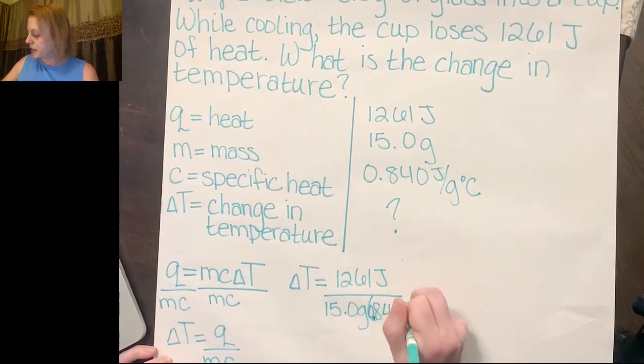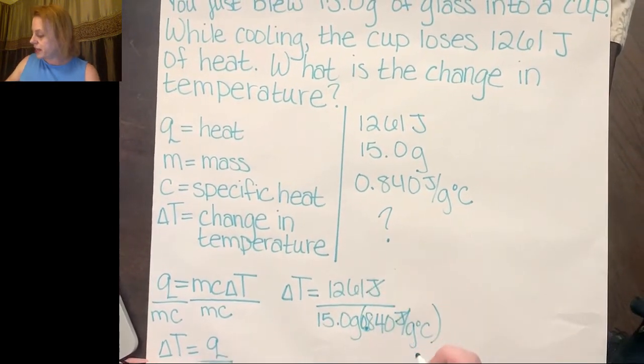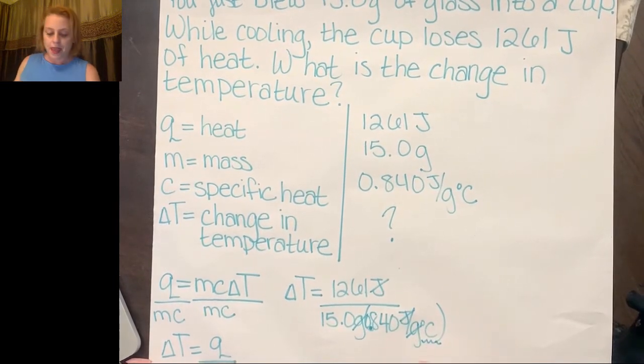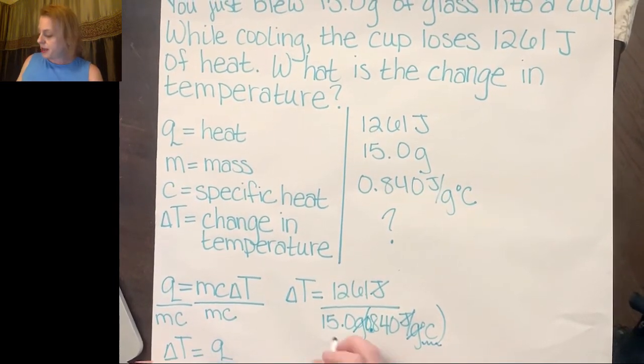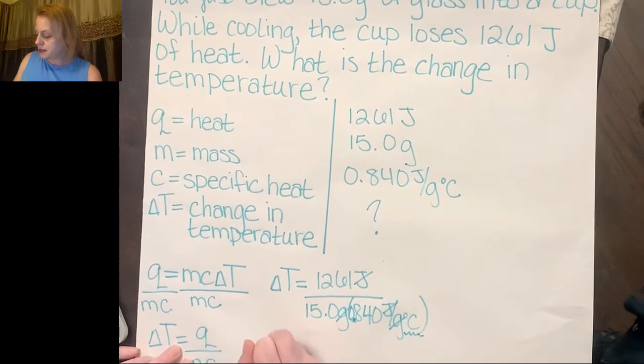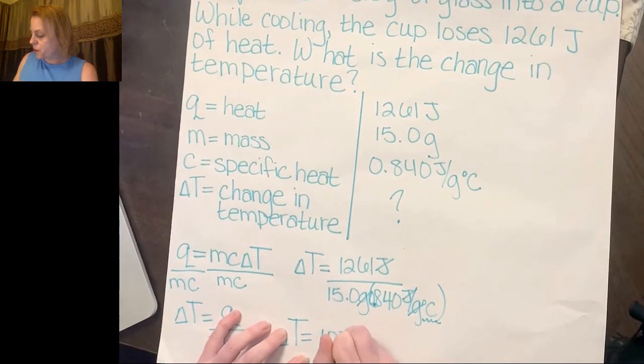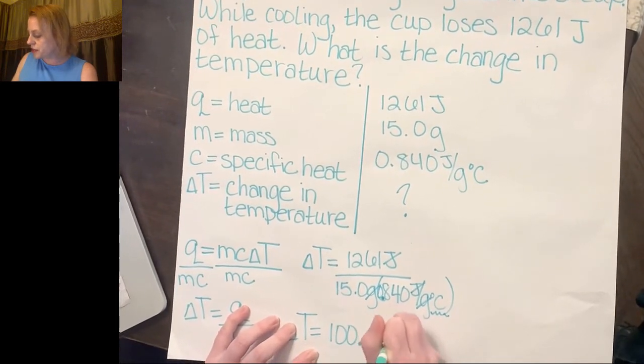And again, I can cancel my joules, I can cancel my grams, and I'm left with degrees Celsius. And when I do that math, I get delta T equals 100.1 degrees Celsius.